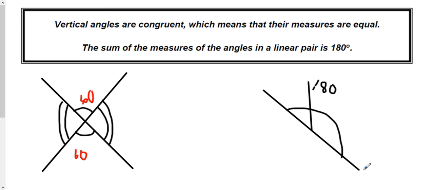And then the linear pair here, again, remember that they're going to add up to 180. If this was 40 degrees right here, we'd subtract 180 minus 40. That would leave us with 140 degrees right here. We'll be using those a lot, vertical angles and linear pairs.